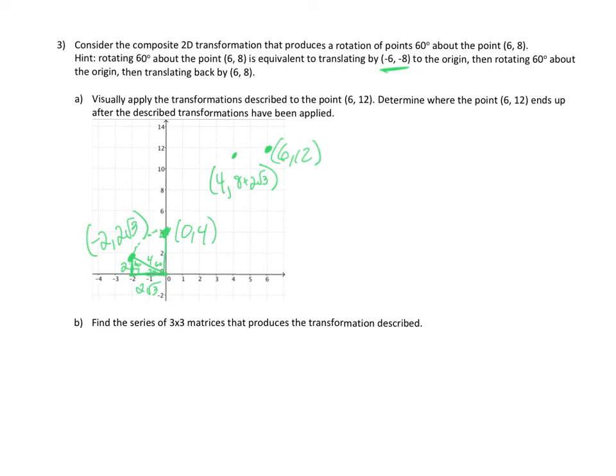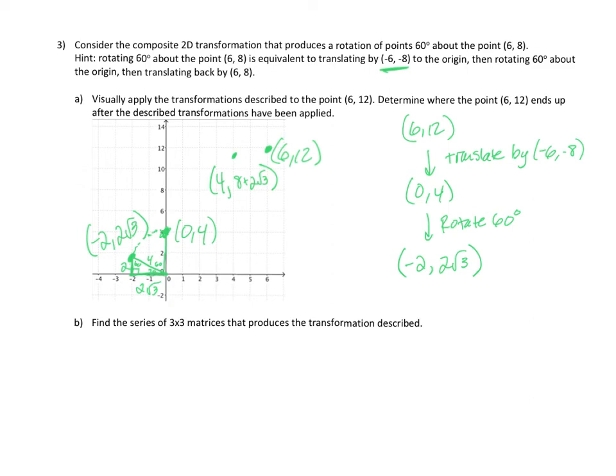So let's write down what we did. We started with 6, 12. We shifted it by -6, -8. So we went to 0, 4. This was a translate by -6, -8. Then we rotate 60 degrees and we landed at -2, 2 root 3.